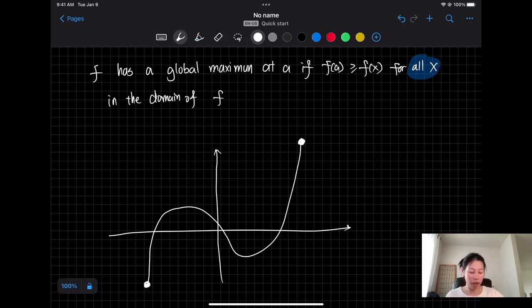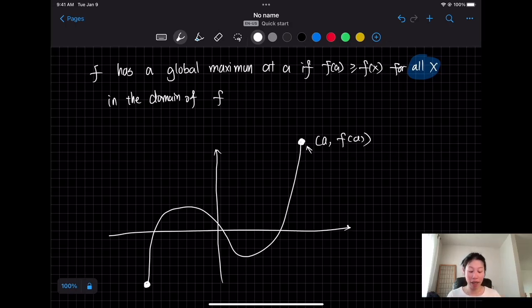So here, this point, f of a, is our global maximum, because all of the x in the domain, which is everything in the domain of f, is less than f of a.